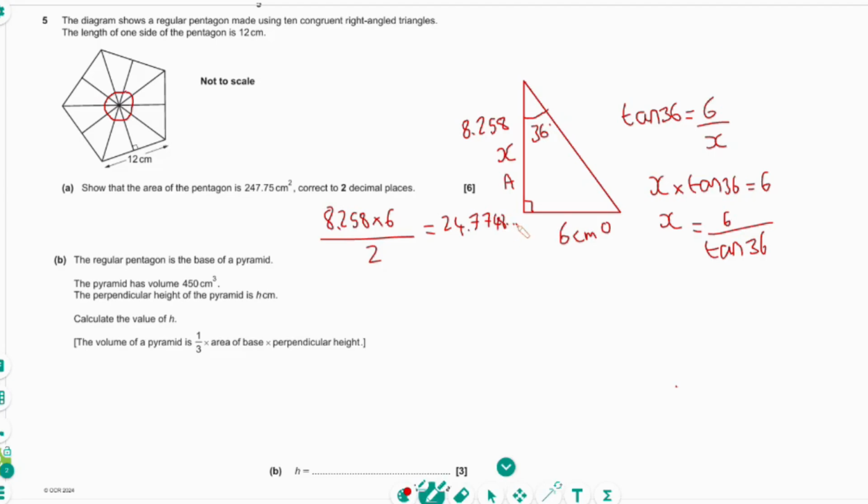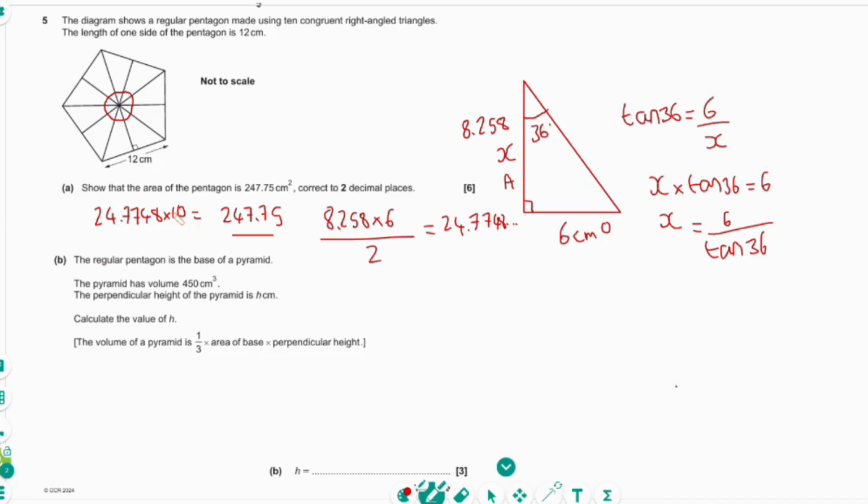Then times that by 10, because there are 10 congruent triangles, all with the same area, which gives me an answer of 247.75 to 2 decimal places. So I have shown the area of the pentagon is 247.75.